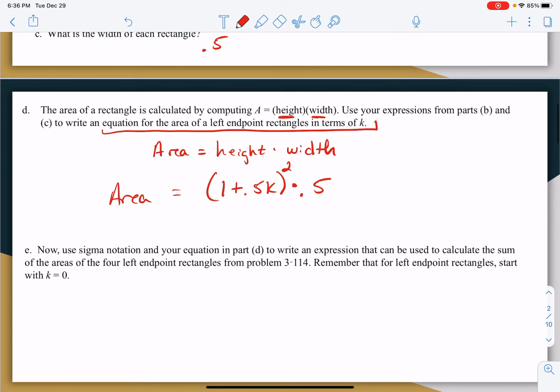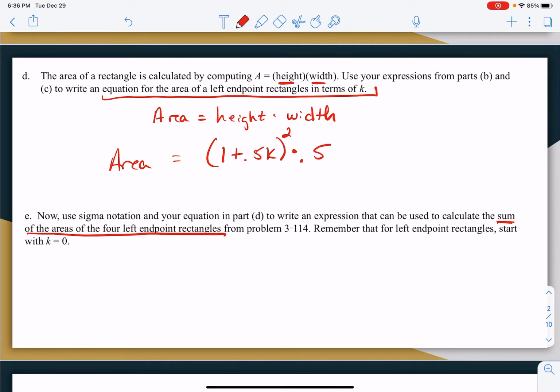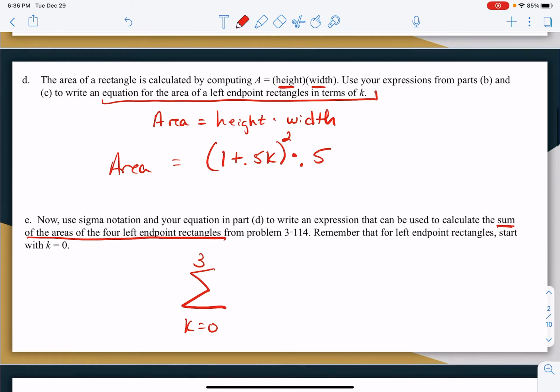Now if I want to find the sum of the areas of the left endpoint rectangles, I can add up the area of each rectangle, and I can write that in sigma notation with k starting at 0 and going to 3.